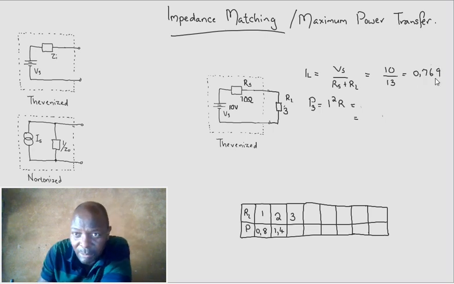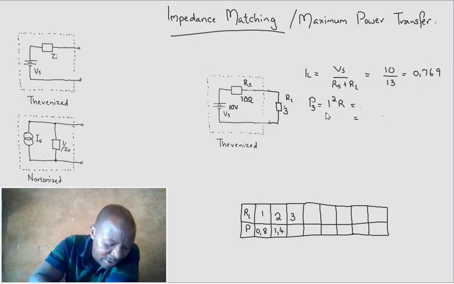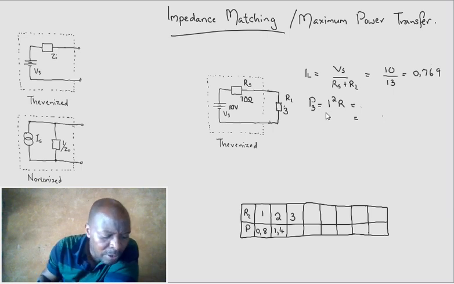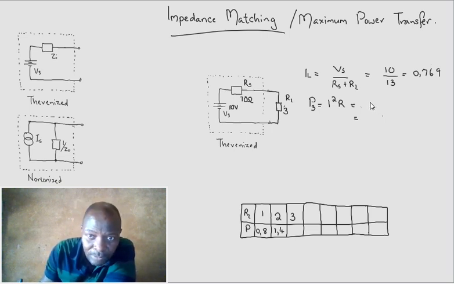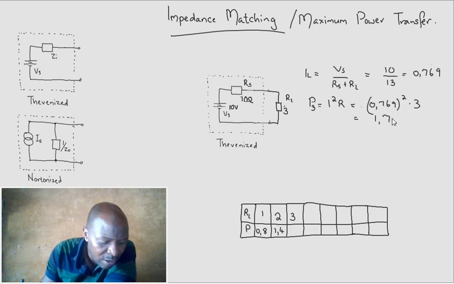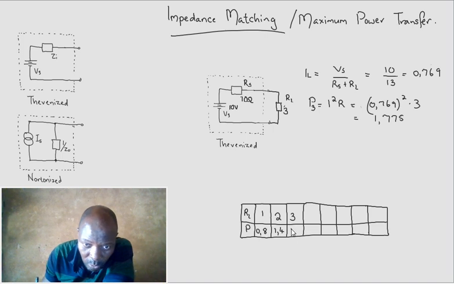And when you square that and then multiply that by the load of 3, as you can see, our power keeps increasing. You increase the resistance, the power increases. So this is 0.769 squared times 3, and it gave us a whopping 1.775. The decimal places are still going on, so I will simply say 1.8. So consider that as we increase the load, the power increases.